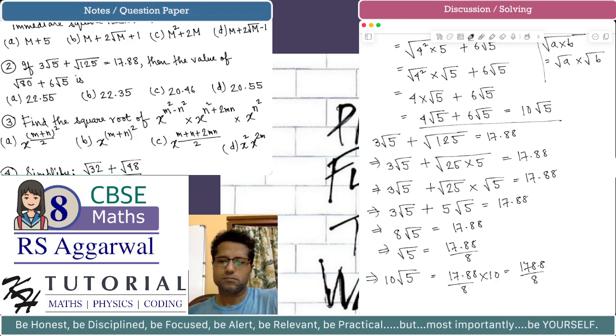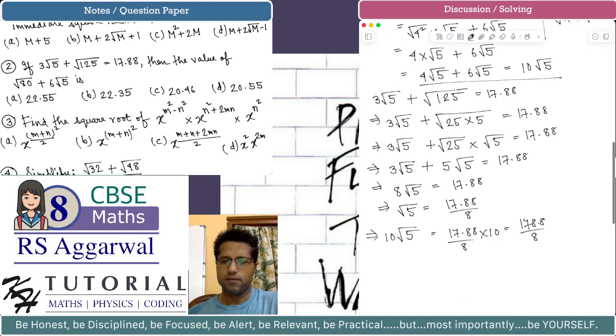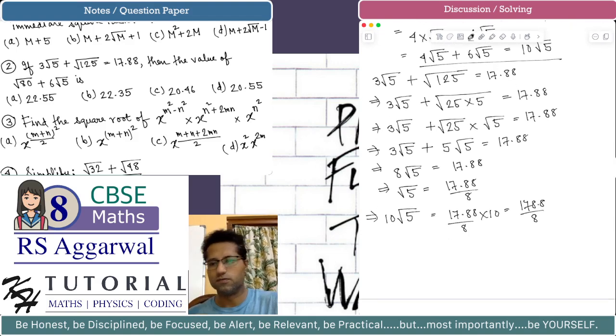Now we can see that 1788 is divisible by 8 because a number is divisible by 8 when the number formed by the last 3 digits is divisible by 8.